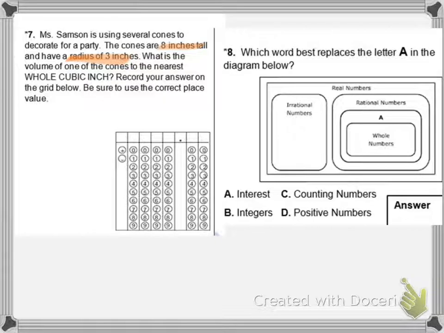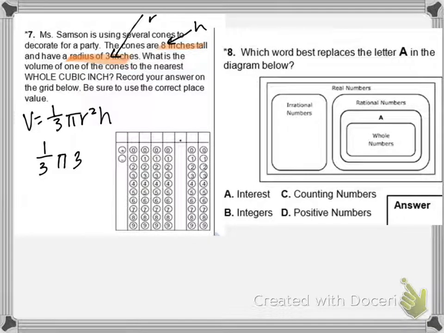So if I go back to my formula chart, I see that the volume of a cone is going to be 1/3 pi r squared times h. Okay, and we have our h, which is 8, and then our radius, which is 3. So all I'm going to do in the calculator is put 1/3 pi times 3 squared times 8.